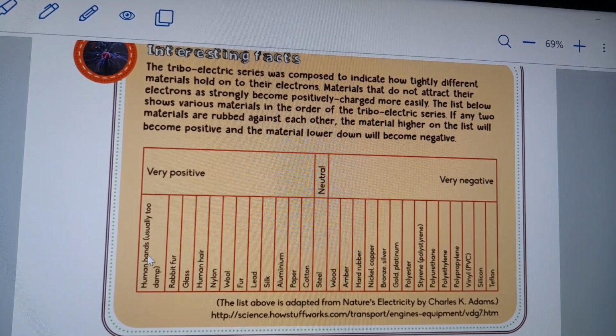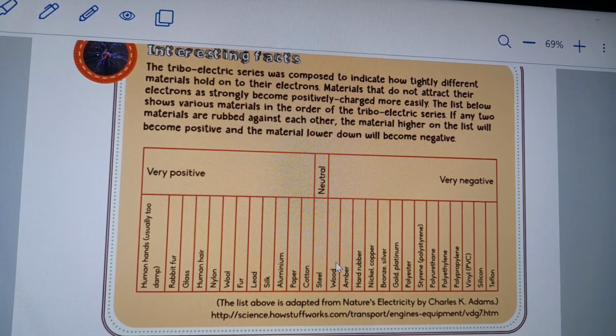So for example, human hands, the hands will lose an electron. Rabbit fur will lose electrons. Glass will lose electrons. Human hair will lose electrons. Nylon, wool, fur, lead, silk, aluminium, paper, cotton, they will lose electrons and still be neutral.